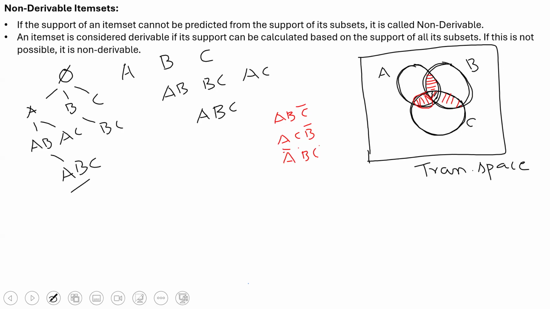Let's suppose I ask you to write the support of A. How do I write support of A? Support of A can be written like this, right?